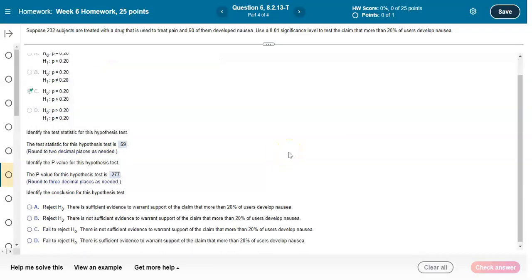So now we have to make a decision about what we're going to do regarding our original claim. What we do to determine whether we reject or fail to reject the null hypothesis is compare the p-value we got to the significance level. Here the p-value was 0.277, and remember the question told us that we were supposed to use a 0.01 significance level.